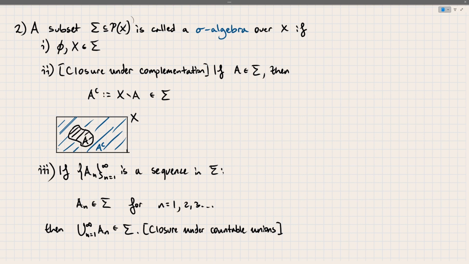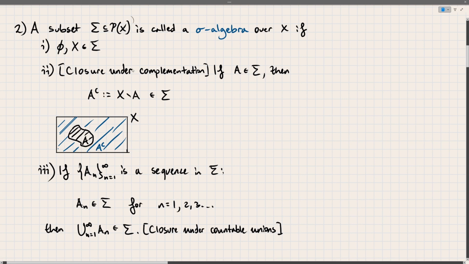Namely, if A is an element of sigma, then its complement with respect to X, A complement, is an element of sigma. And then finally, if I am given a countable collection or a sequence in sigma, meaning that each element An is an element of sigma for all n, then we must have that the union of these elements is an element of sigma. So sigma is closed under countable unions.